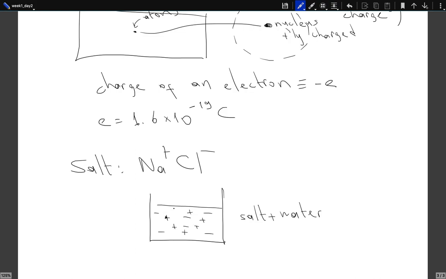They are just free to move around inside the liquid. So the solution becomes a good conductor. So if you bring a negatively charged object here and a positively charged object over here, the negative charges, the chlorine ions, will move in that direction, and the sodium ions will move in this direction.